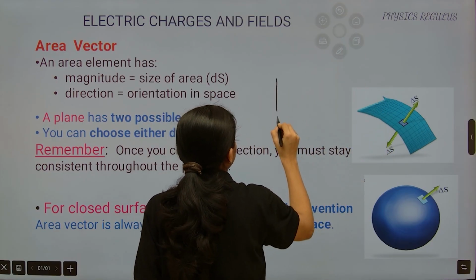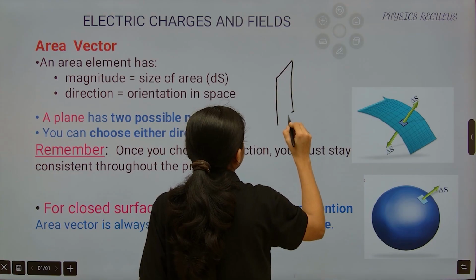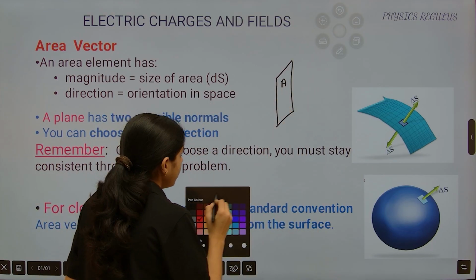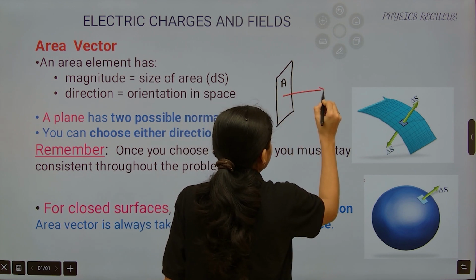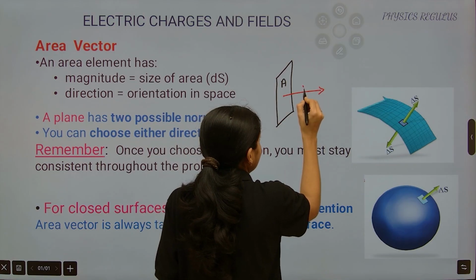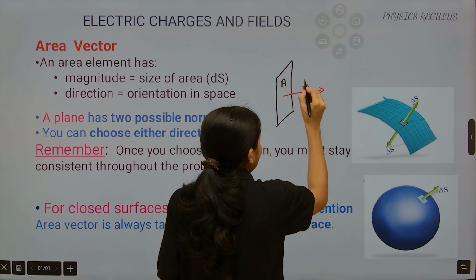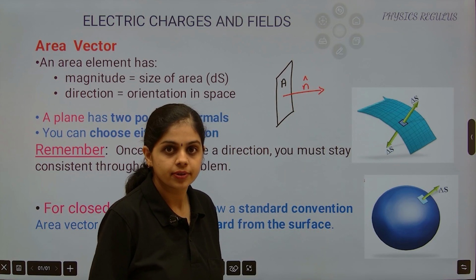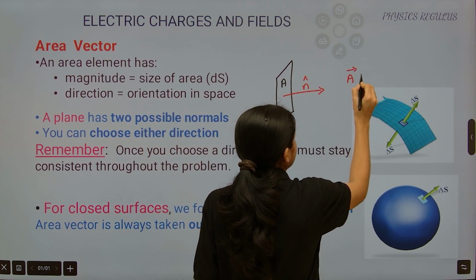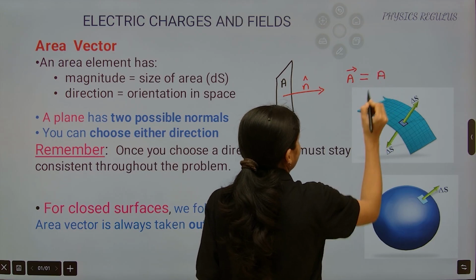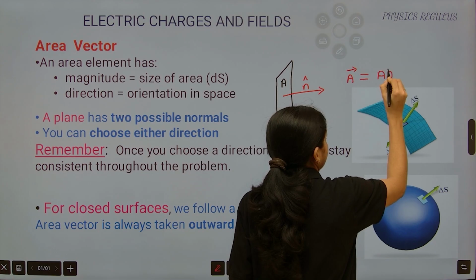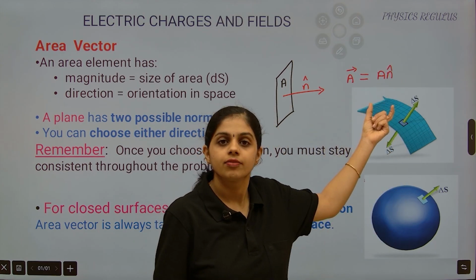Imagine a plane surface of area A. Now, this is the normal to this plane surface and the direction of the normal is represented by unit normal vector n cap. Now, area vector A is given by the magnitude of area into unit normal vector n cap. This will give you the area vector.